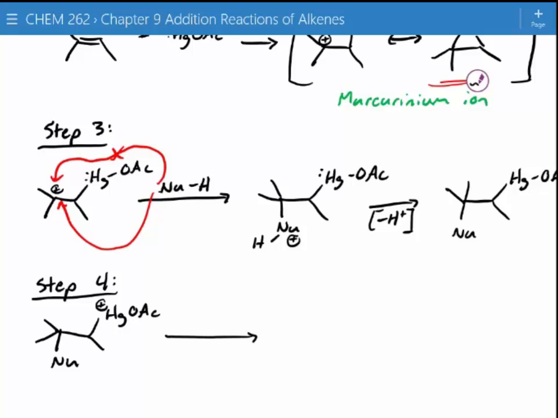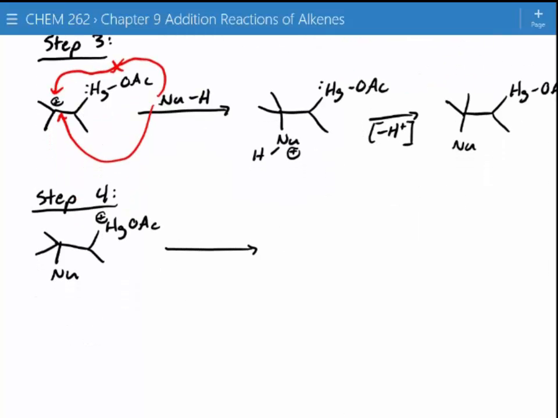And the most common reductant that's used to remove that mercury group is sodium borohydride. So it's NaBH4. It's a nice source of hydride, so we're going to replace that mercury group with a hydride group.